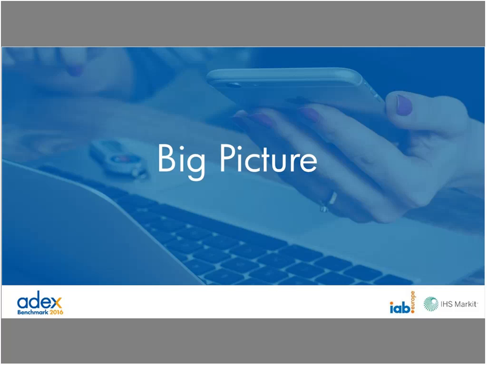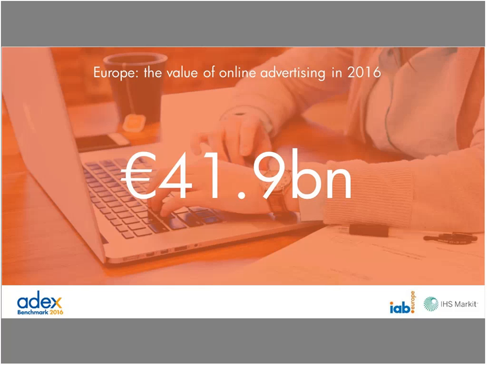So let me start by taking you through the big picture items here in the study. The key number to remember is 41.9 billion. That was the value of European online, as we call it here, advertising, desktop and mobile across all formats in 2016 in Europe. So nearly a 42 billion euro industry.